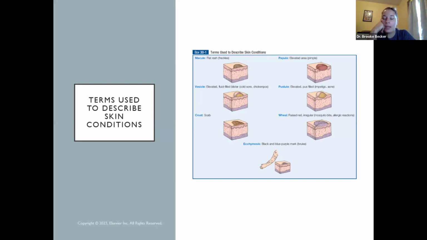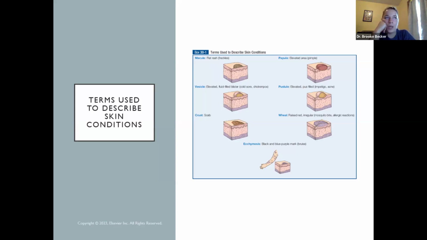So something like a chickenpox lesion or a cold sore. Okay, or a herpes lesion. That will be elevated and it will look like it has fluid in it, okay? So that's a vesicle. A crust is just a scab.